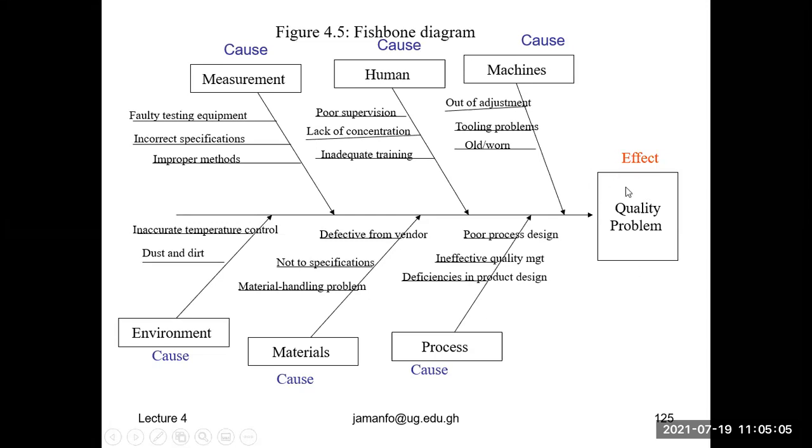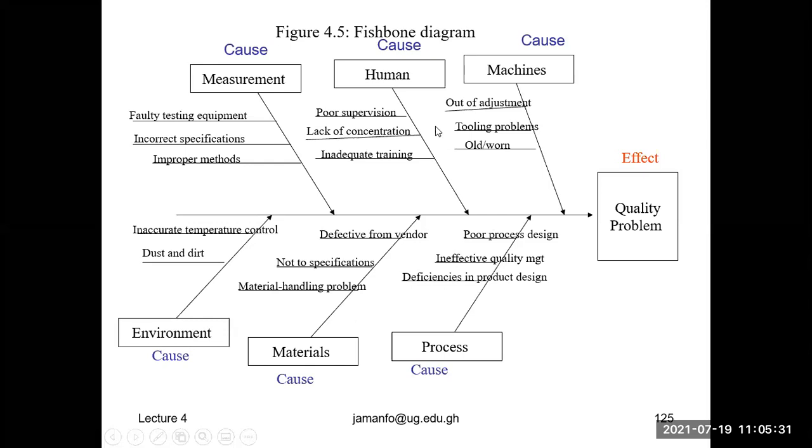This is the head of the fish. That is the quality problem. And the problem will be contributed to by some key factors. But the key factors will also have sub-factors contributing to that key factor.